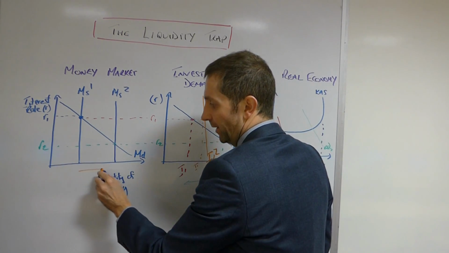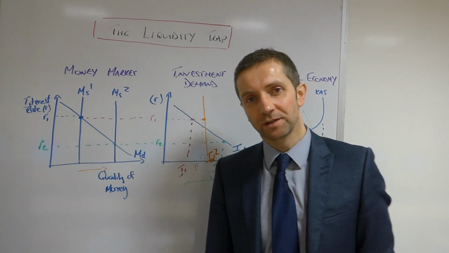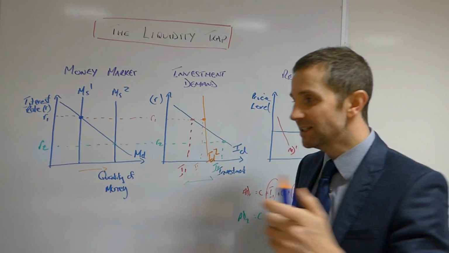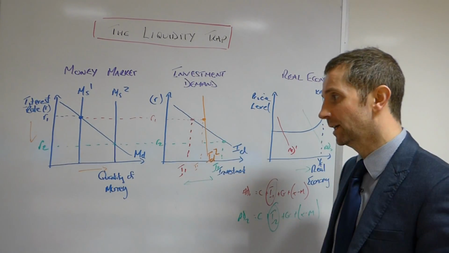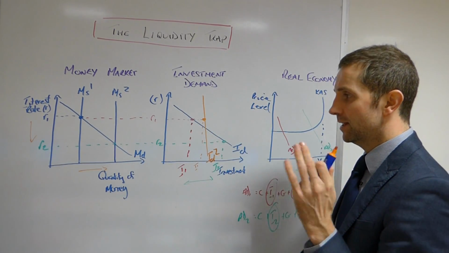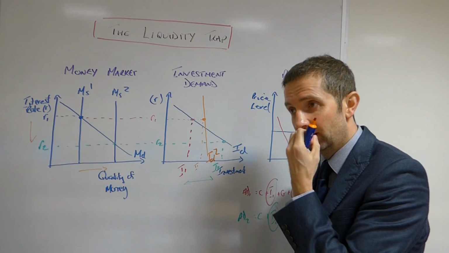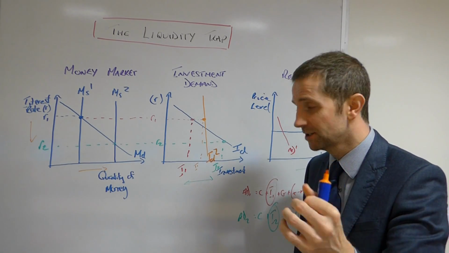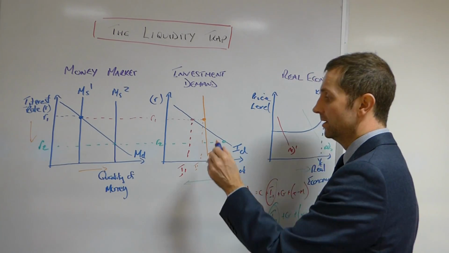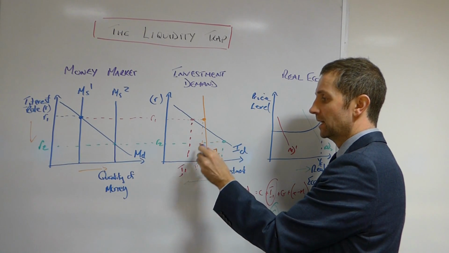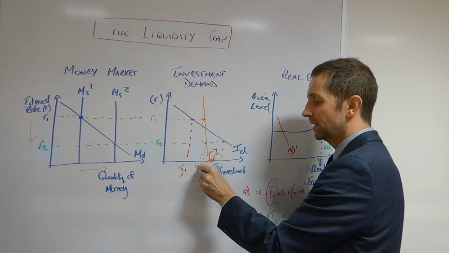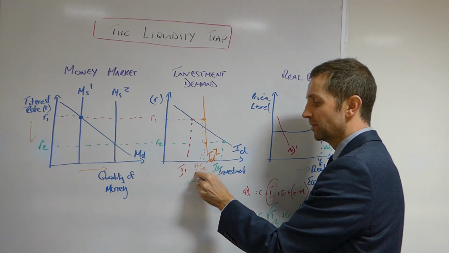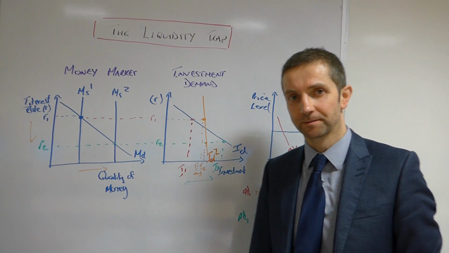But yet, in spite of this very significant increase in the money supply, in spite of the very significant reduction in the base rate or the interest rate, the new rate of interest, which is higher but only marginally, leads to a much smaller increase in the level of investment demand. That's it there, ladies and gentlemen.